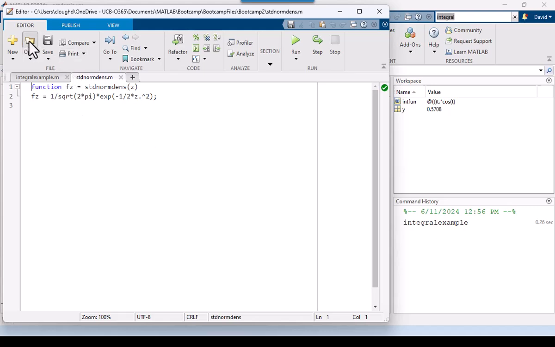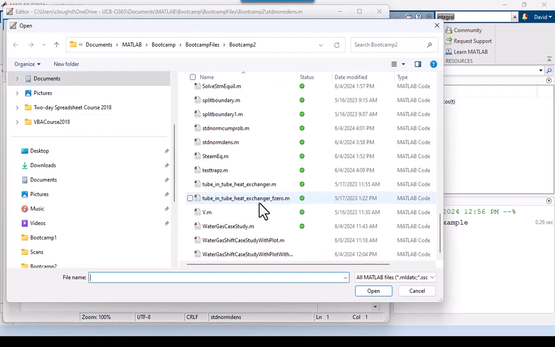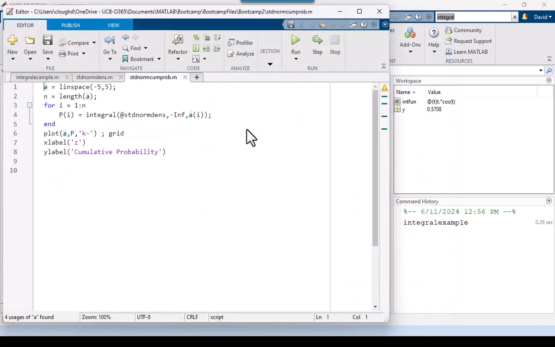We'll open another file called STD-NORMCUMPROB, Standard Normal Cumulative Probability. And so here what we're doing is we create an array of values in A, 100 values between -5 and 5.